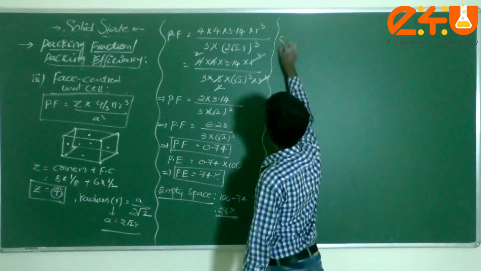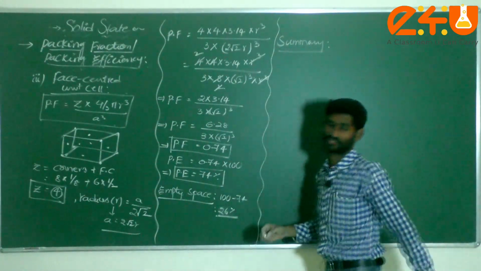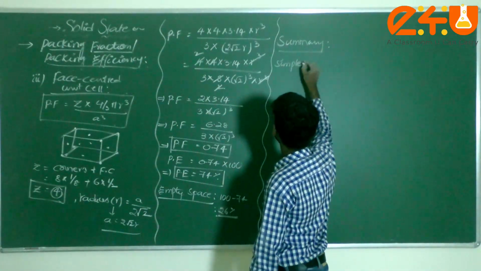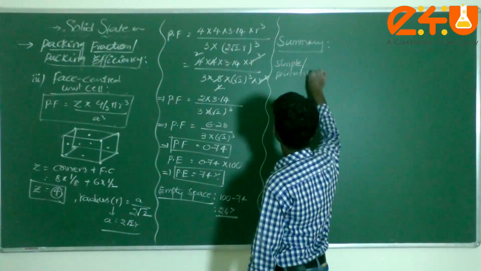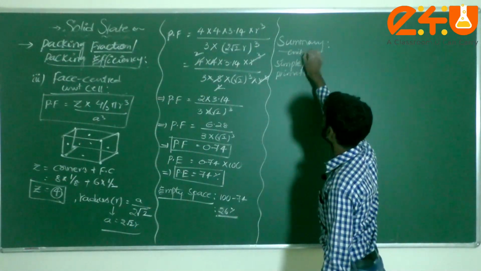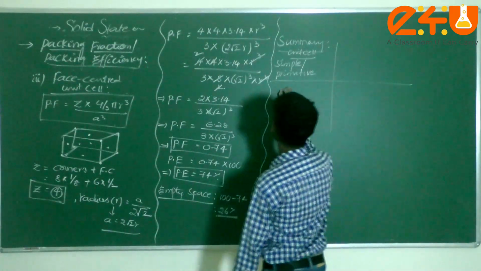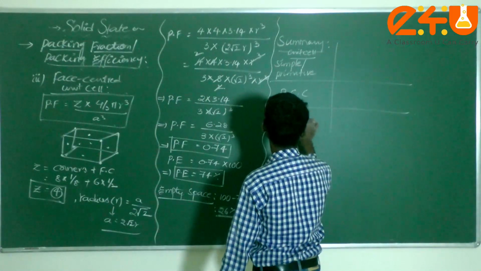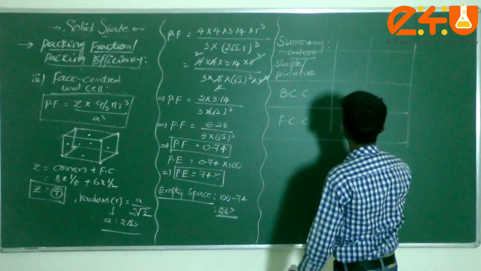Now I am writing the summary of packing fraction. Take the simple or primitive unit cell, this is for BCC, and this is for FCC.